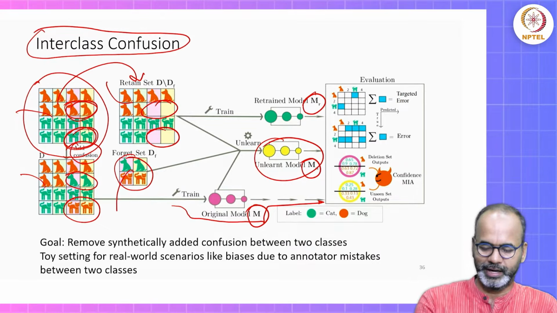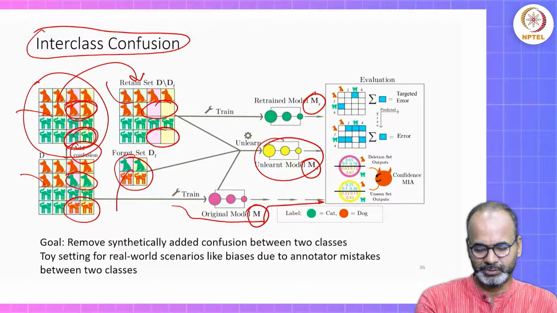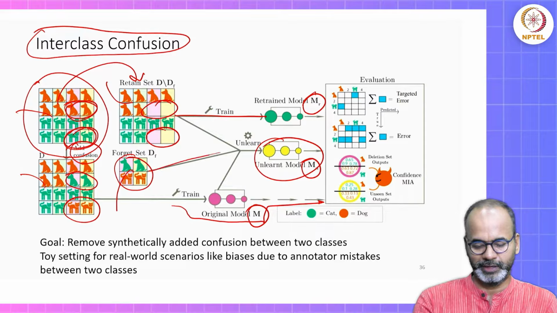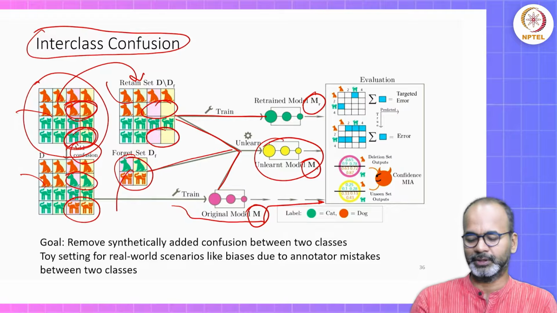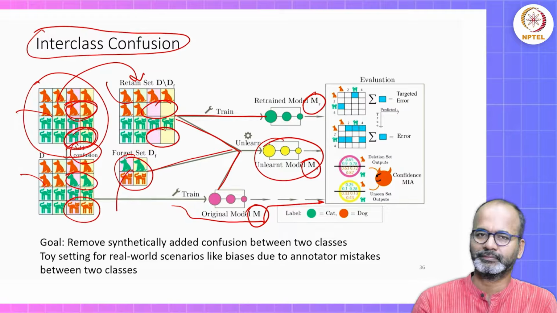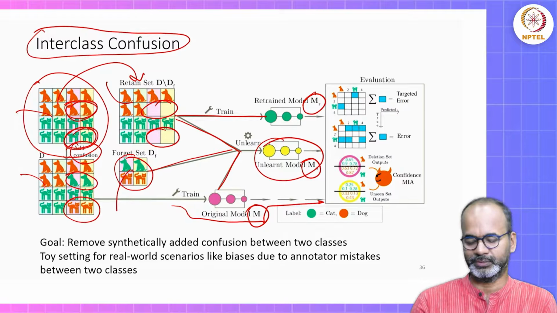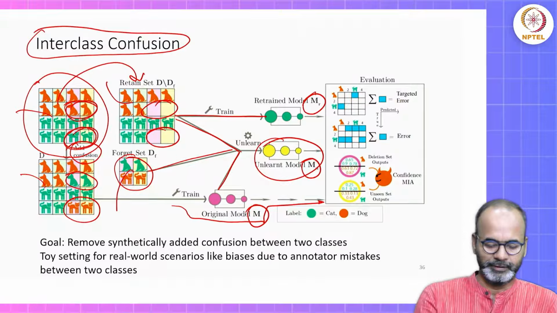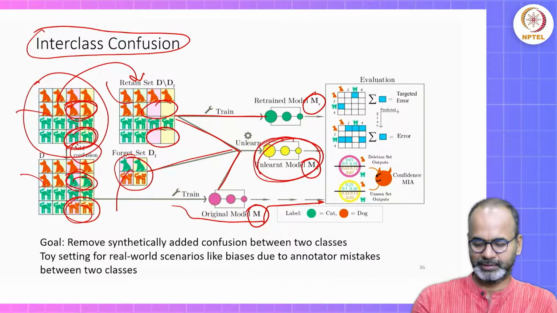We take the train from here, you train, right? That's the retained model. And you have the unlearned model, which is from the forget set and from the retained set and from the original model. So what is it? You have unlearned the model of forgetting these two from the original model. That's what is here.